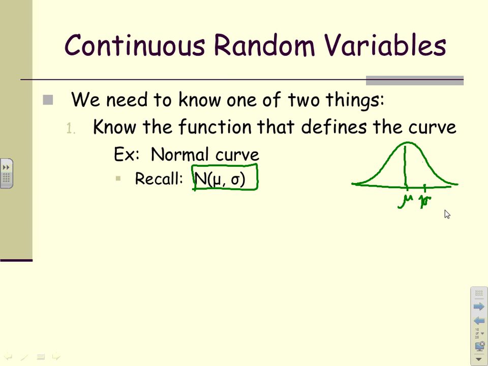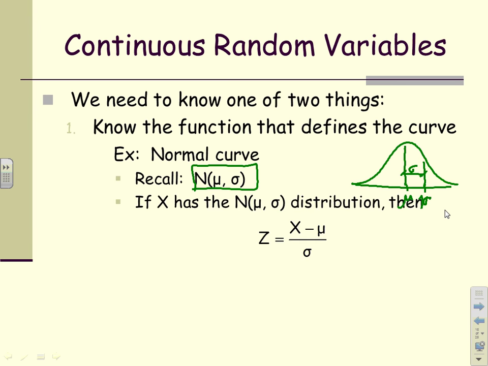So we can see that is the distance of sigma. Okay, but that's just recalling what we already know about normal curves. All right, we also should know how to find the z, the standardized value for a normal distribution, given in this formula here. Z equals x, meaning the observation, minus the mean over the standard deviation.